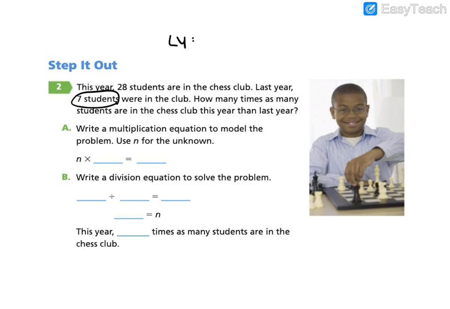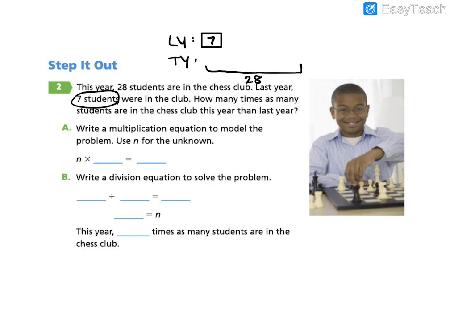So last year would be 7 students. This year, we don't know how many groups of 7 there are, but we do know that there are a total of 28.